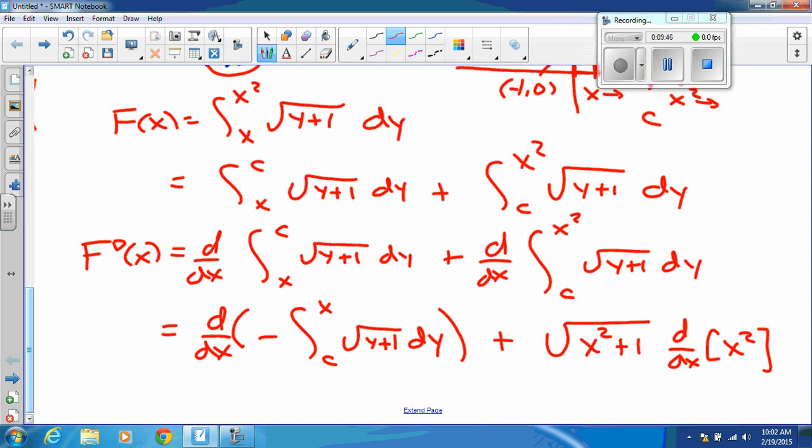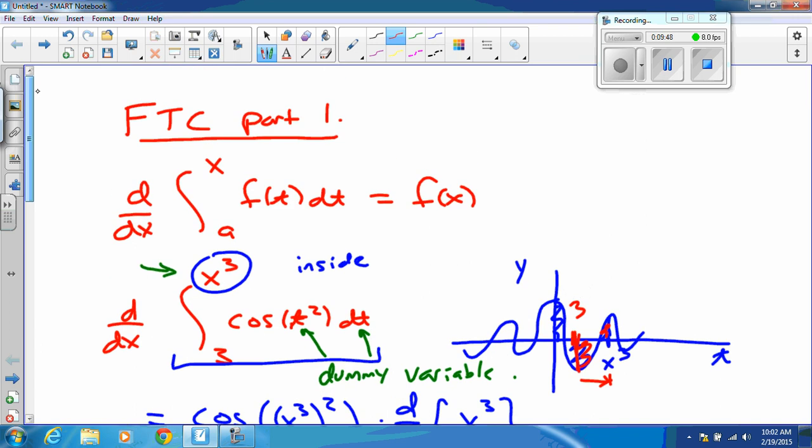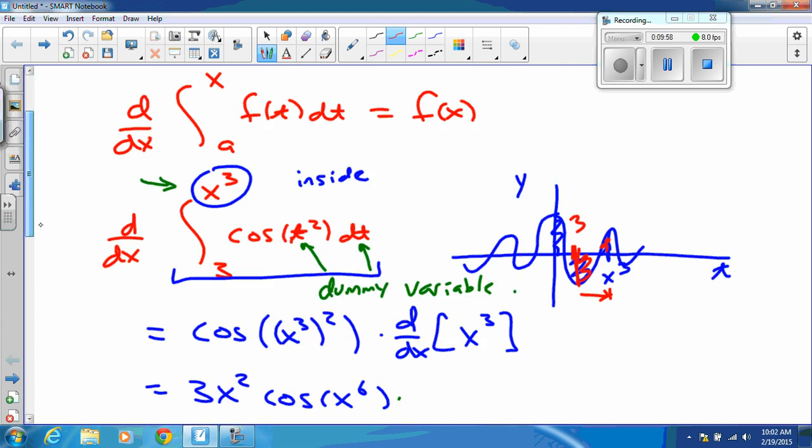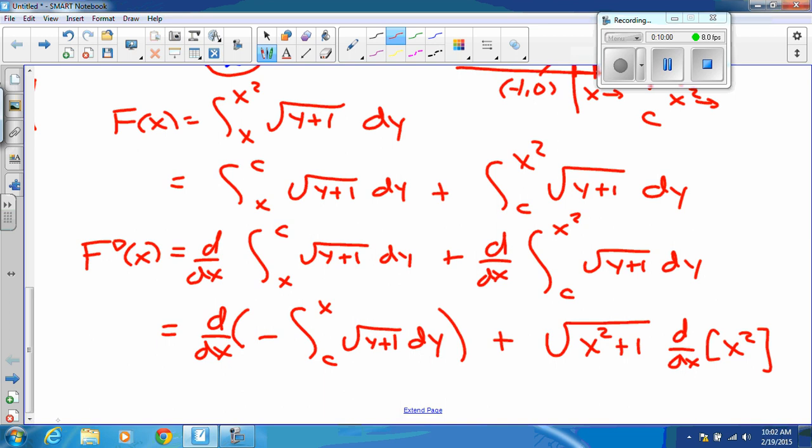Yes, ma'am? Do you have to show that again, the flip? Yeah, good. So if we go back to our fundamental theorem form, you can see that the derivative with respect to x of the integral from a to x of f of t dt, this is the derivative with respect to x of the integral from x to c. So it's not in exactly the form that I need, so I use integral properties to make that happen.